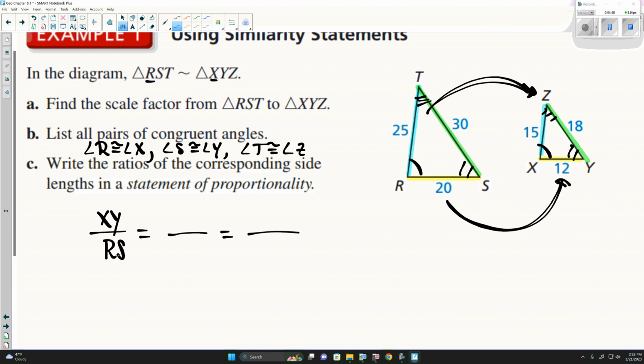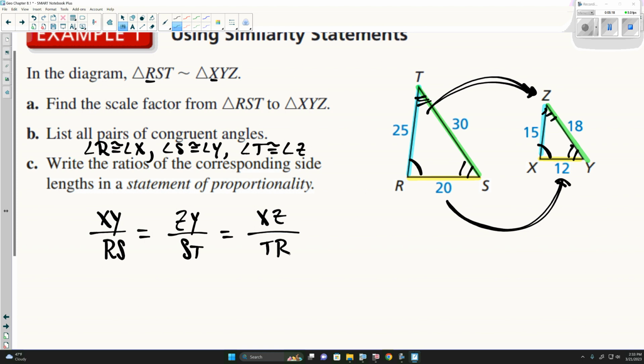So we want the statement XY over RS is equal to, so we need another set of sides from the small. So ZY is going to be over ST. And that leaves the last one, XZ or ZX over TR or RT.